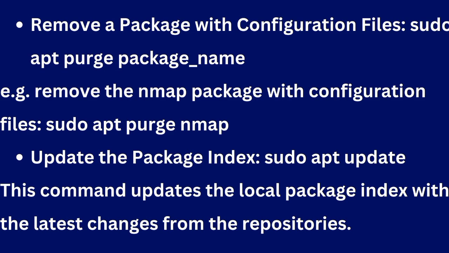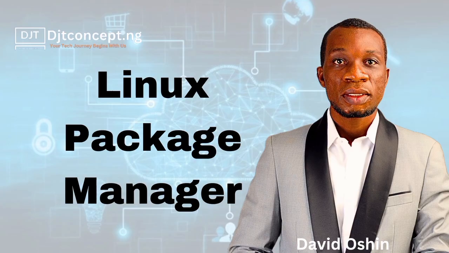But if it's Yum, you can use either Yum or DNF. You say Yum update, Yum install, Yum remove, Yum upgrade, the same way. So instead of apt, you can use Yum, Yum update, Yum install, Yum remove, Yum upgrade, or Yum autoremove. So those are basically how to work with updating and removing packages.